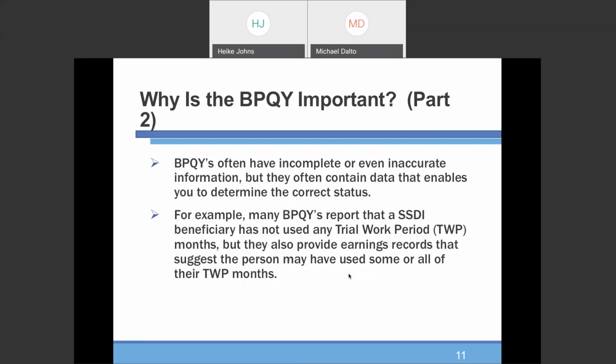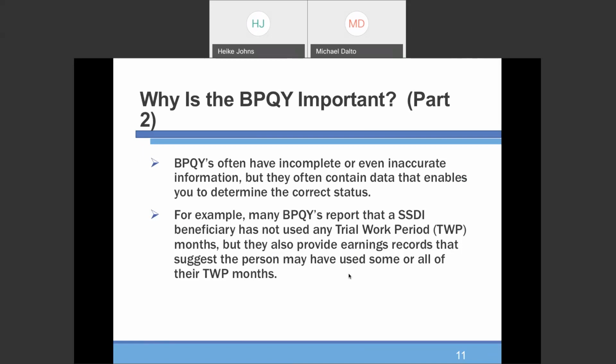However, it's important to note that BPQYs often are not up to date. They have incomplete data. They occasionally even have some inaccurate information. This would be inaccurate information beyond just having incomplete information that hasn't been updated recently enough. But oftentimes you can look at a BPQY and note some clues that will tell you if the information is incomplete or inaccurate, and will help you determine the correct information.